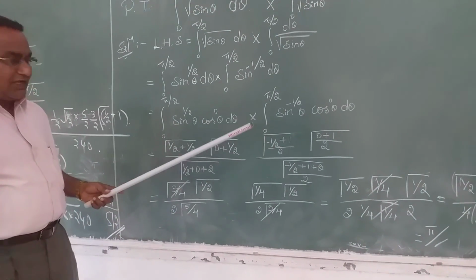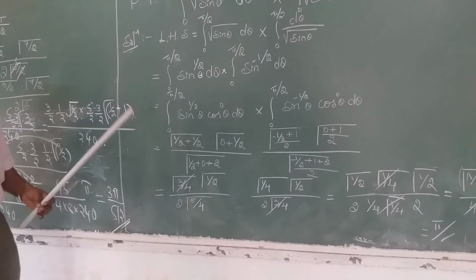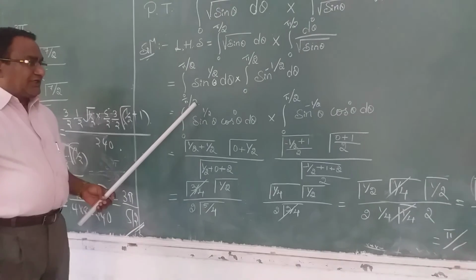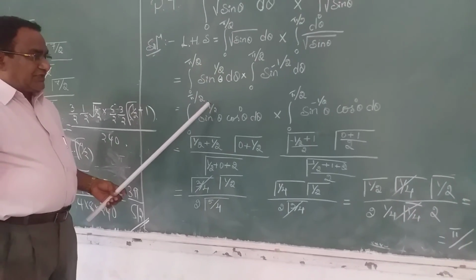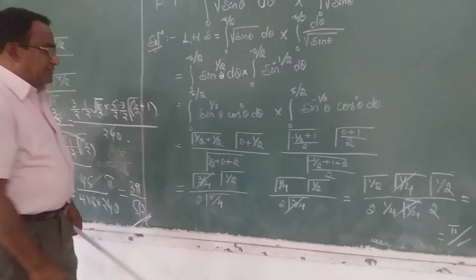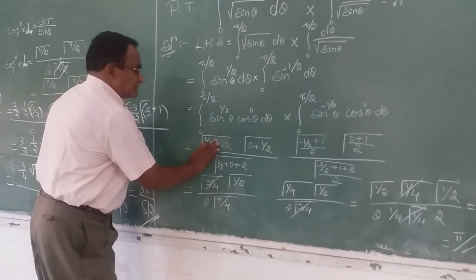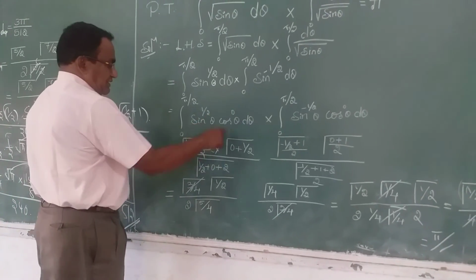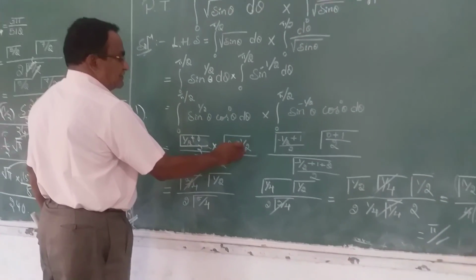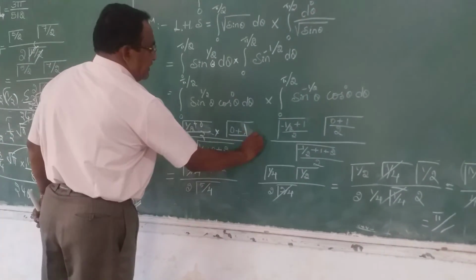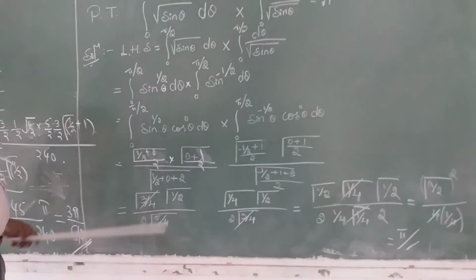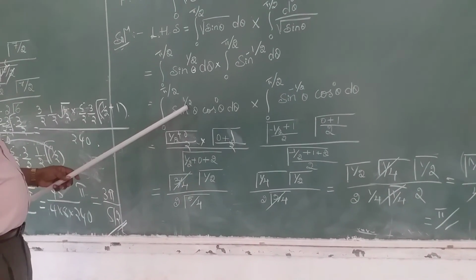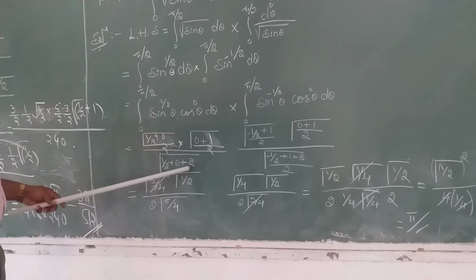Using the same formula, it is gamma of (p plus 1) by 2, which is gamma of (half plus 1) divided by 2, into gamma of (q plus 1) by 2, which is gamma of (0 plus 1) divided by 2, whole divided by 2 times gamma of (p plus q plus 2) by 2, where p is half and q is 0 plus 2.